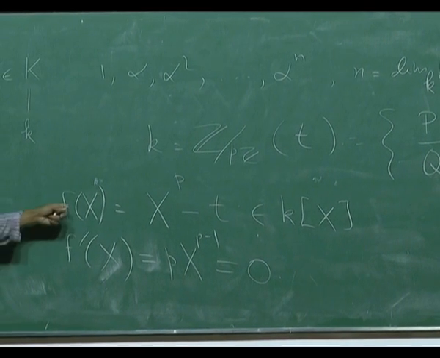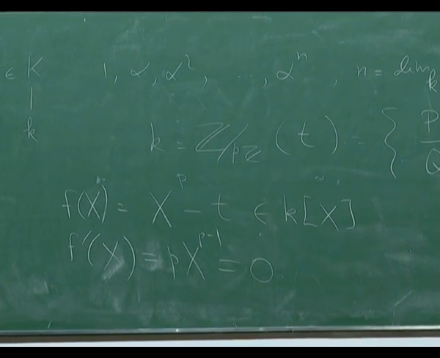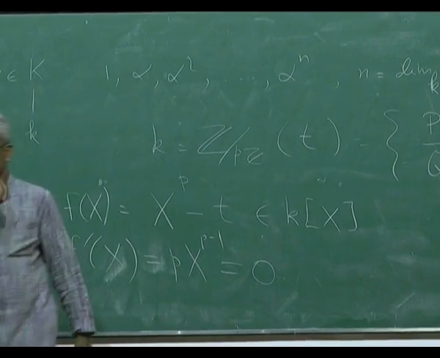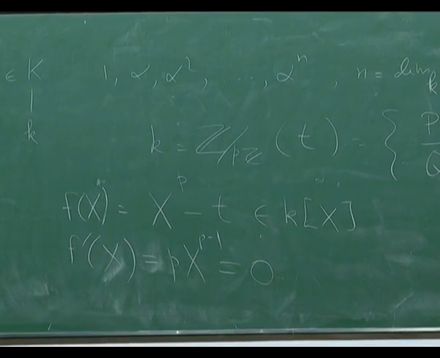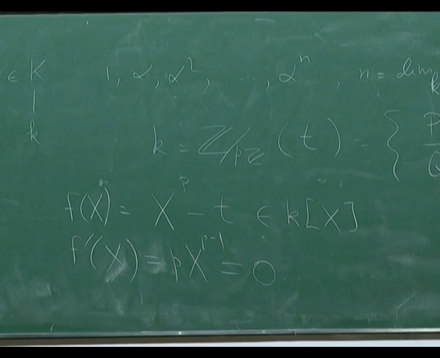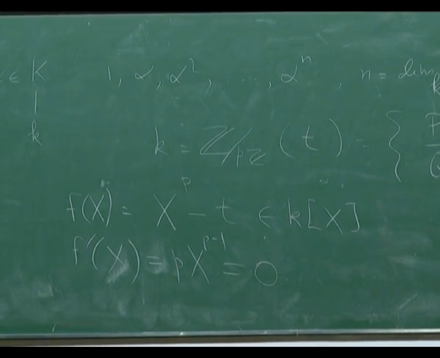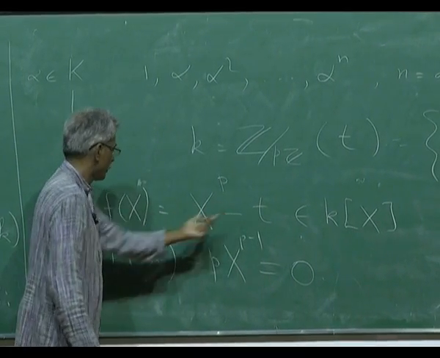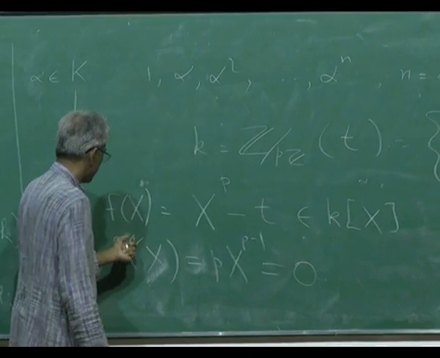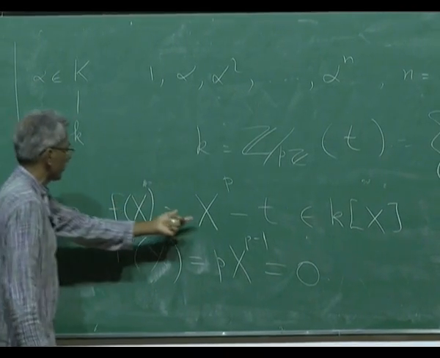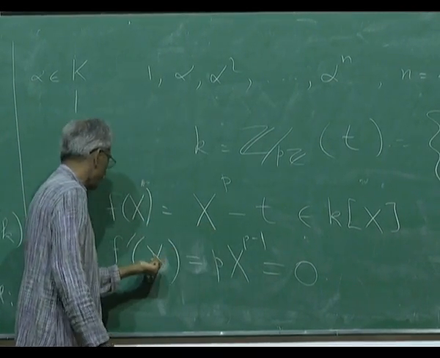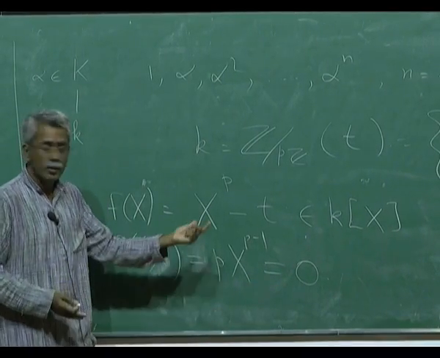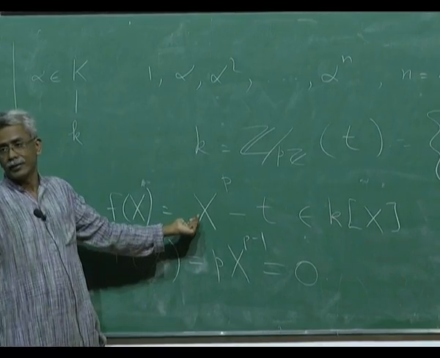So now you see f'(x) becomes identically 0. So in particular, if alpha satisfies this equation, then the same alpha also satisfies this equation, which means that alpha is a multiple root of this.